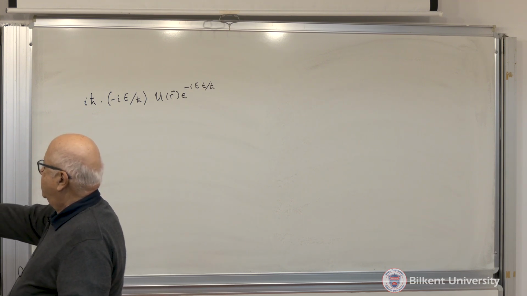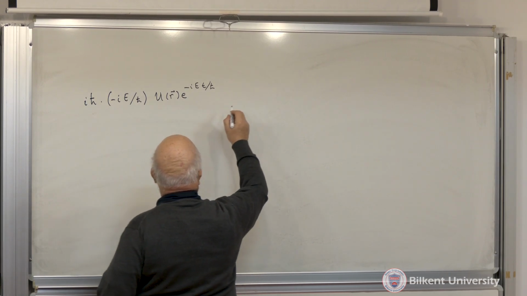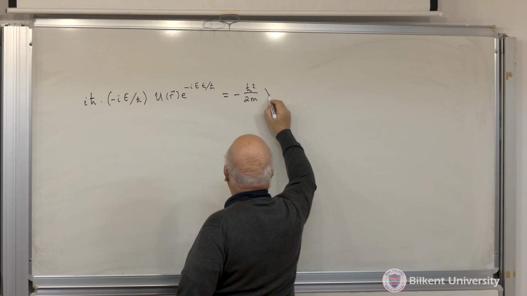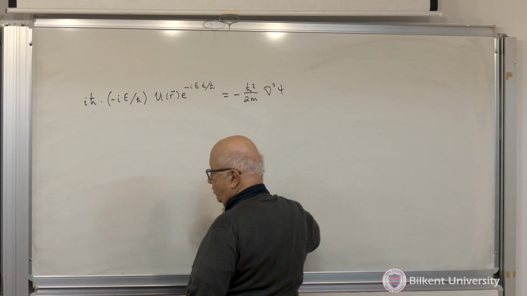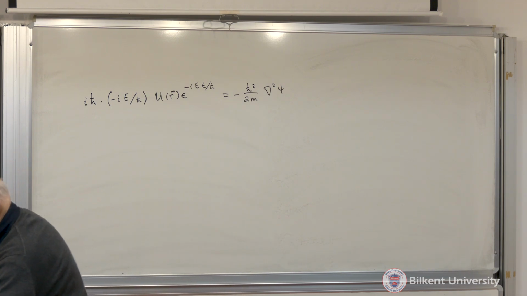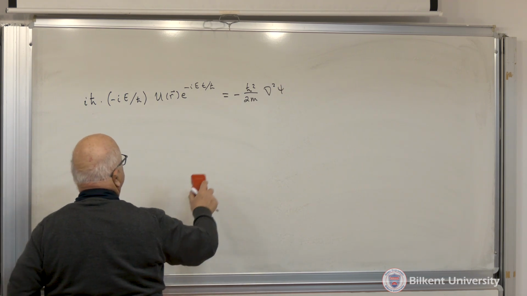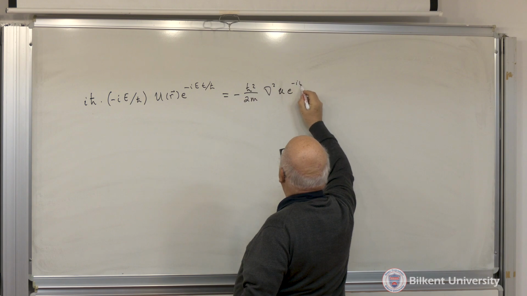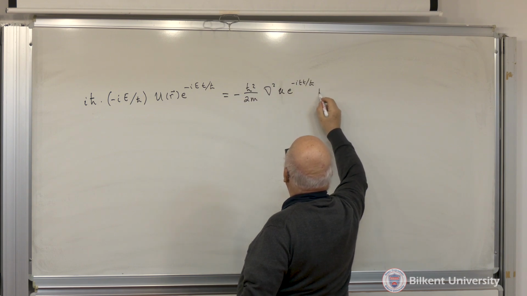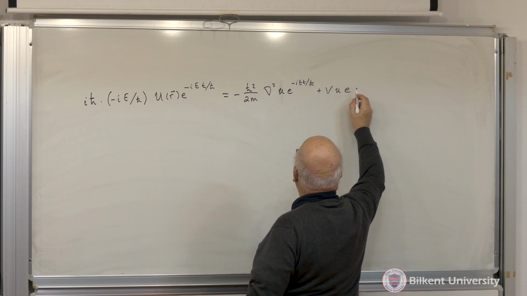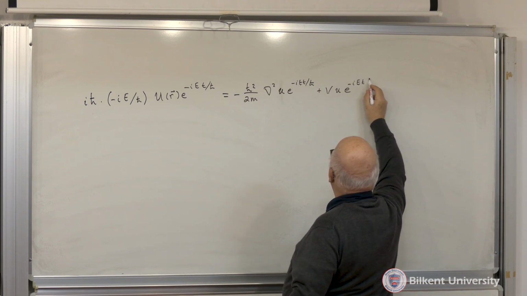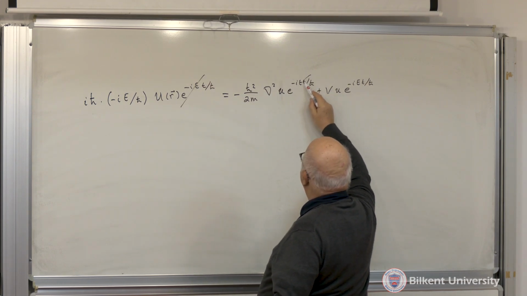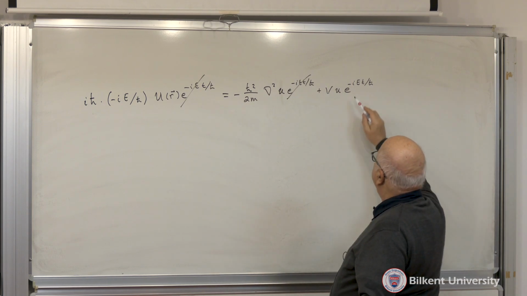The right-hand side is going to be minus h bar squared over 2m del squared, no more psi, I'm going to replace it with u times e to the minus i E t over h bar, plus V u e to the minus i E t over h bar. So I can just cancel these time dependencies because the spatial operator does not act on them.